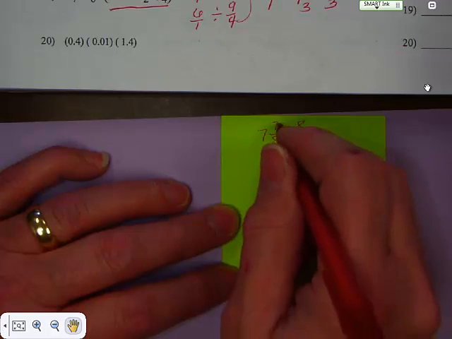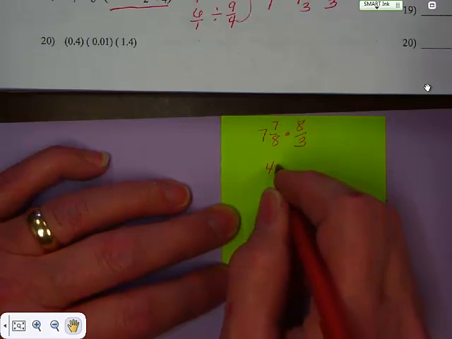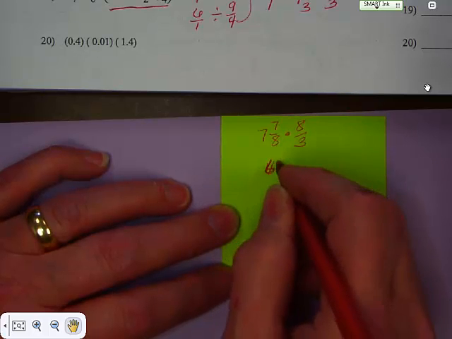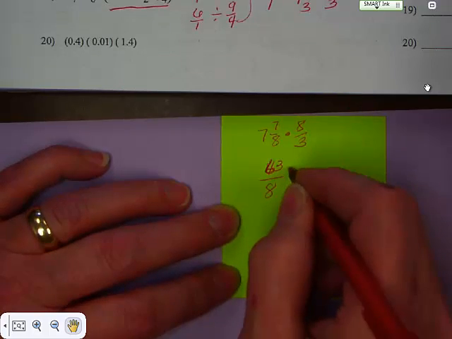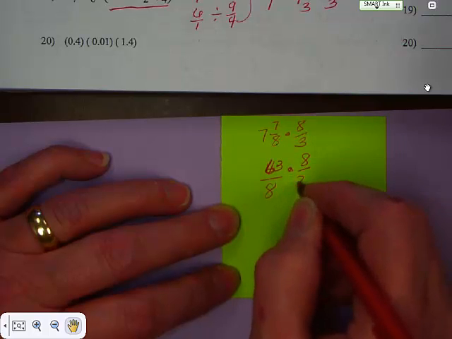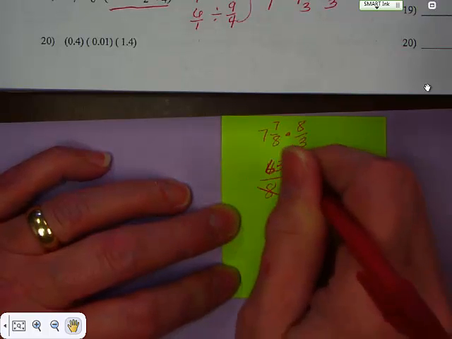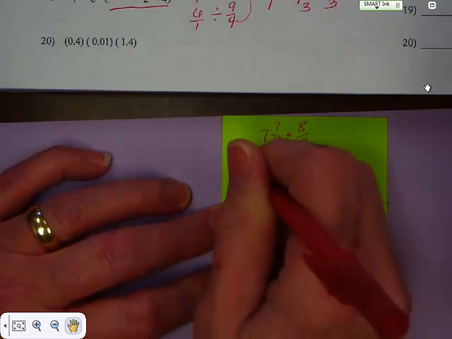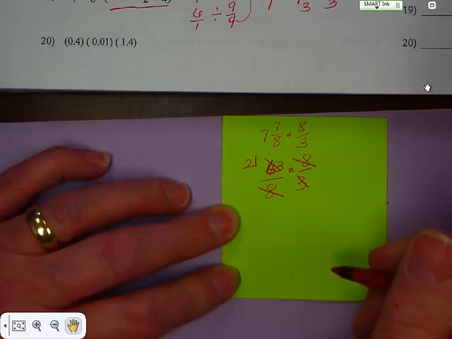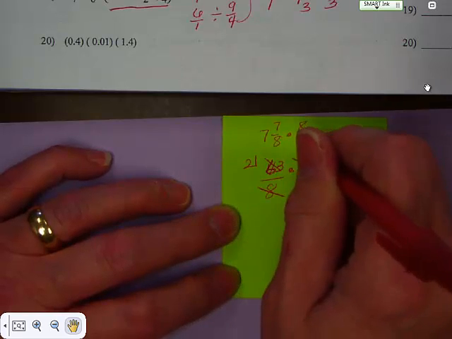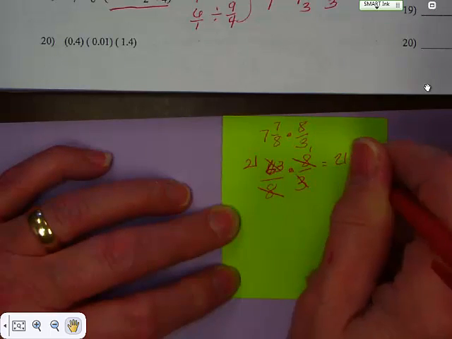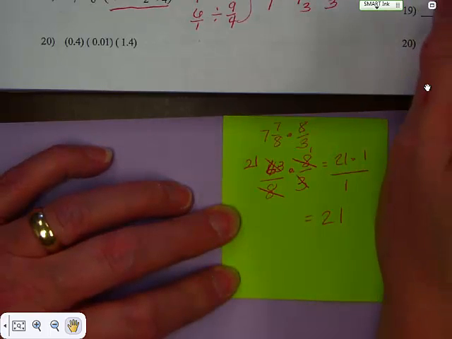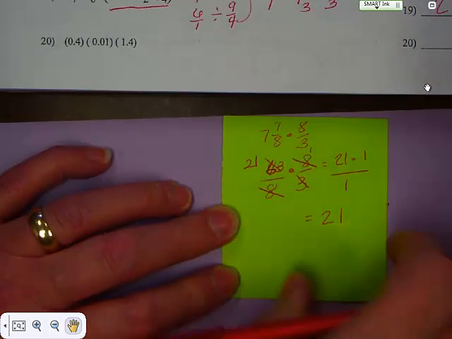And 56 plus 7 is 63, sorry. 63 over 8 times 8 over 3. Get rid of the 8s. Get rid of a 3. I think that ends up to be 21, doesn't it? I believe so. So it ends up to be 21 times 1 all over 1, which ends up to be 21. So the answer to number 19 is 21.